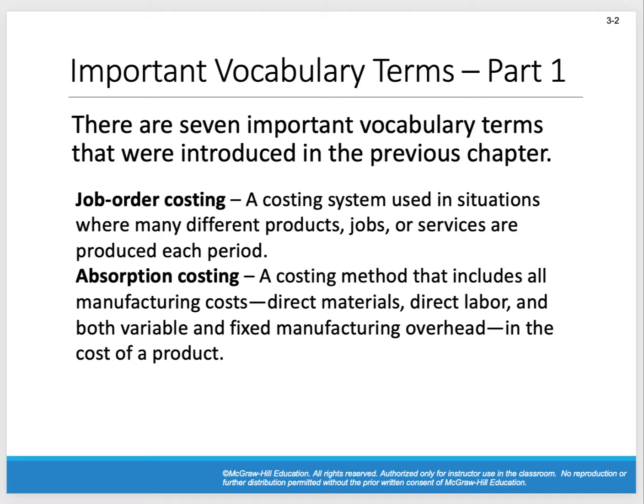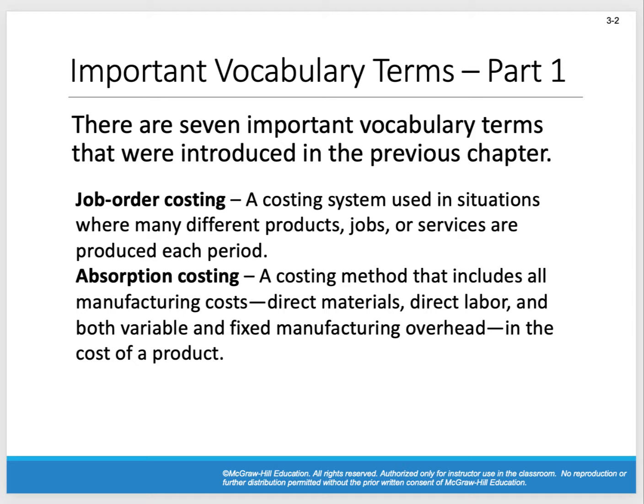But job order costing is used in situations where we make a number of different products, or perform a number of different jobs, or provide a number of different services during a period. All right, that's it. We're just doing a bunch of different stuff and we have to keep track of costs for each of these different projects or different jobs or different services that we have, okay?